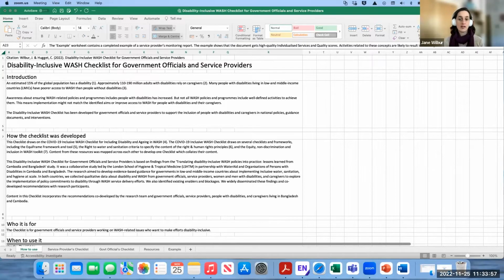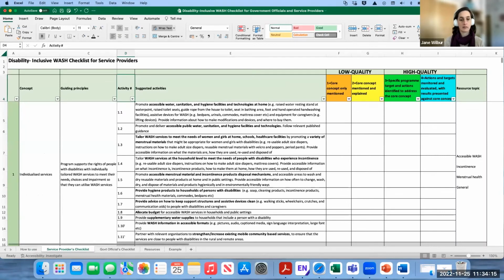So it has 5 worksheets. The first explains how the checklist was developed, what it's for, what it is, who it's for, and how to use it. The second worksheet is the Disability Inclusive WASH checklist for service providers.